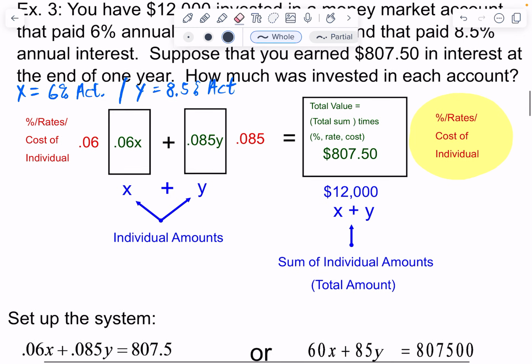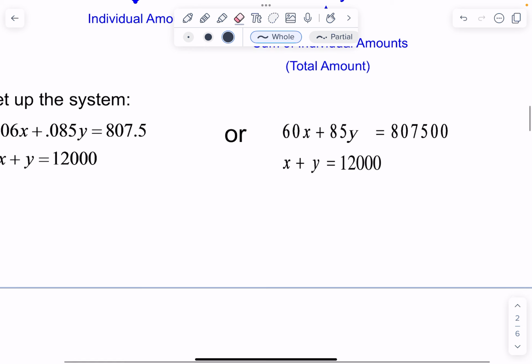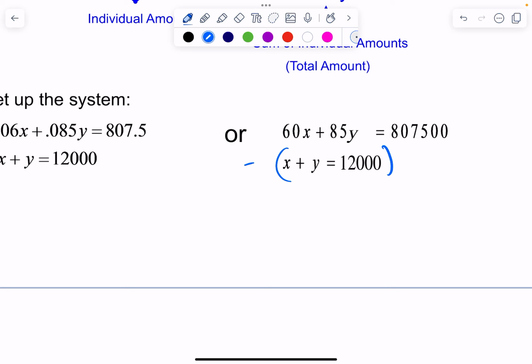And now I'm going to go ahead and solve. Me personally, I'm going to go ahead and cancel out the x's. So I'm going to multiply everything by negative 60. It's going to give me negative 720,000.